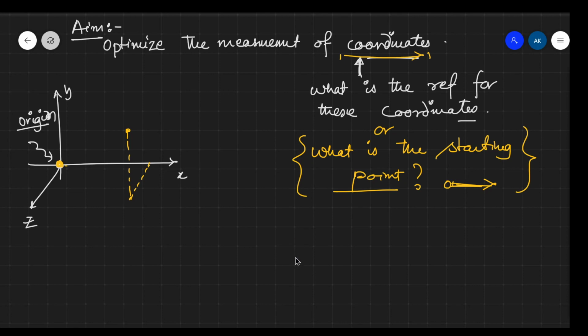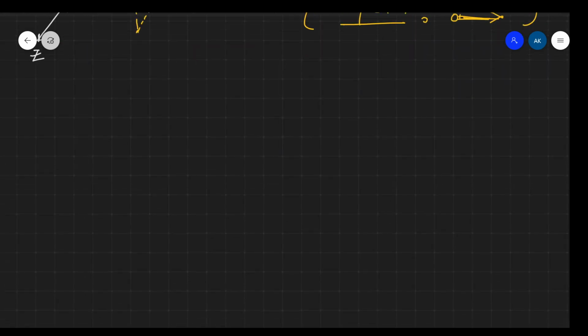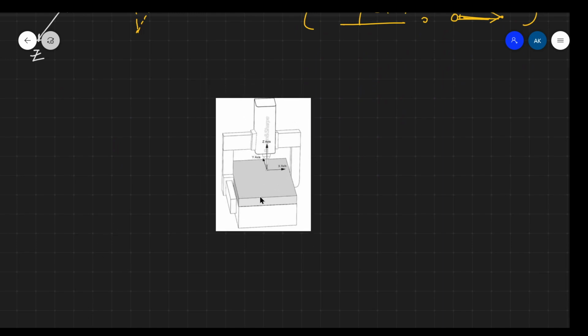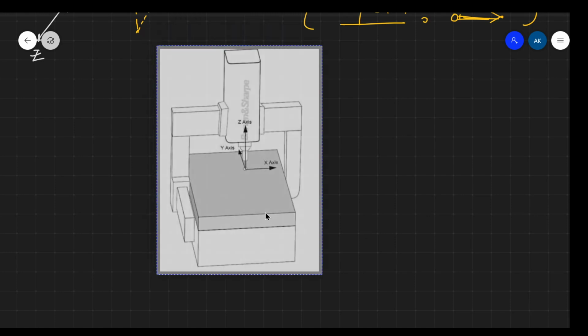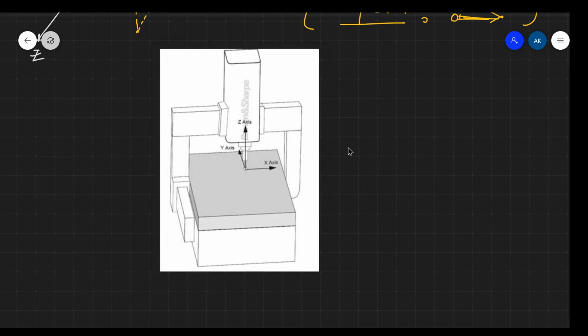Okay, so let's start with a picture of the CMM because that will be easier for us. Suppose this is your CMM, a model of a bridge type CMM. You should not worry about the type of CMM because we will talk about that later: different structures, different types, what the materials are. But right now you have to understand that this is a CMM.